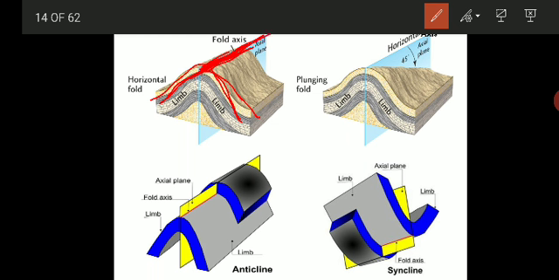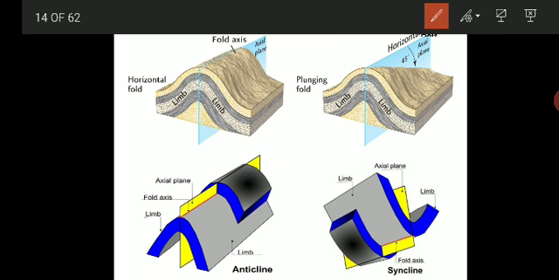The line of maximum curvature in a folded rock is called the hinge. It is the line of intersection of the axial plane with any bed of the fold, so that is called the fold axis or hinge.